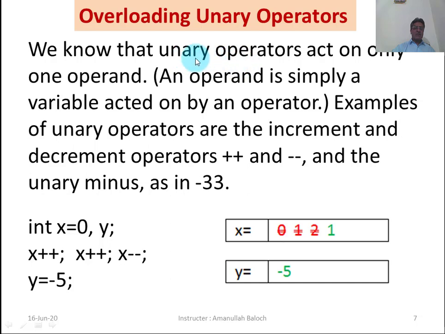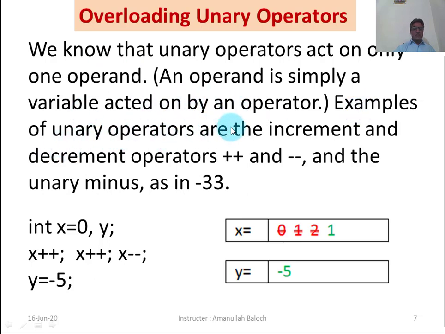Those operators which act upon, or which work on, only one operand, that is one variable. An operand is simply a variable acted on by an operator. The operator performs action on that variable.